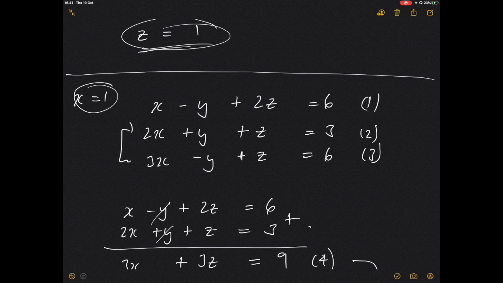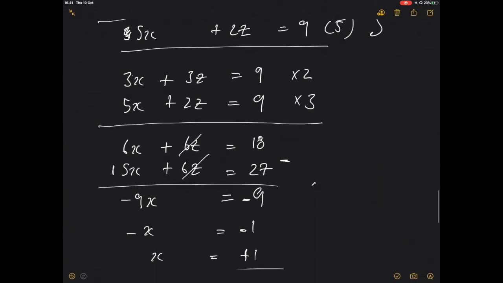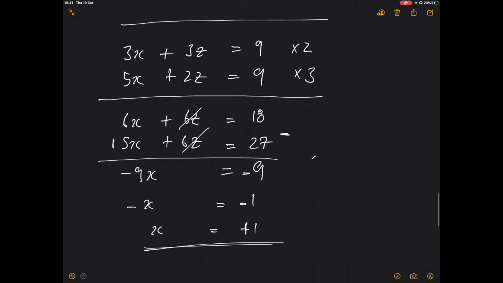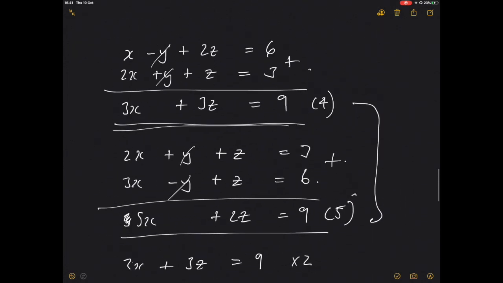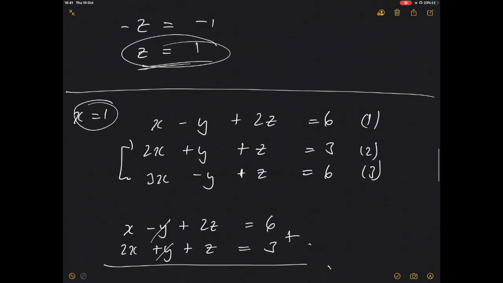So we now need to go on a second hunt. So what can we do here? So we now know the answer to this. So we know that x equals 1. So if we were to sub into two equations, maybe 1 and 2, we could then solve quite easily for z because we already know x.